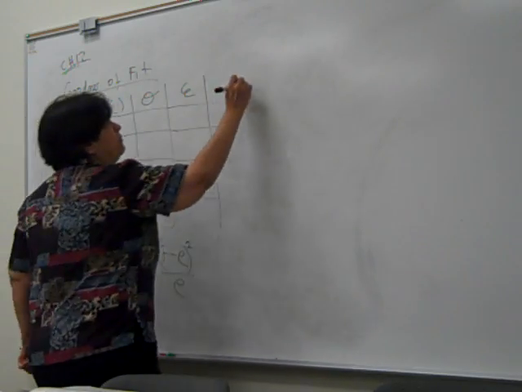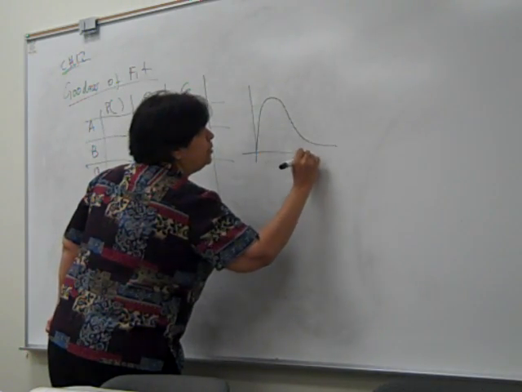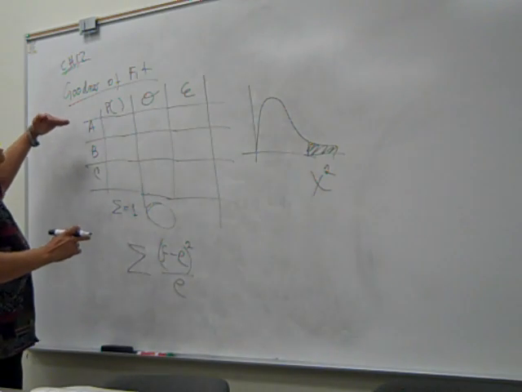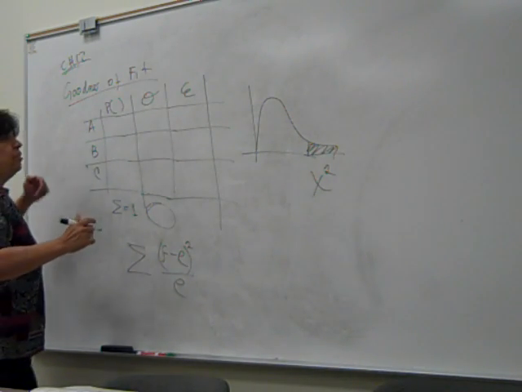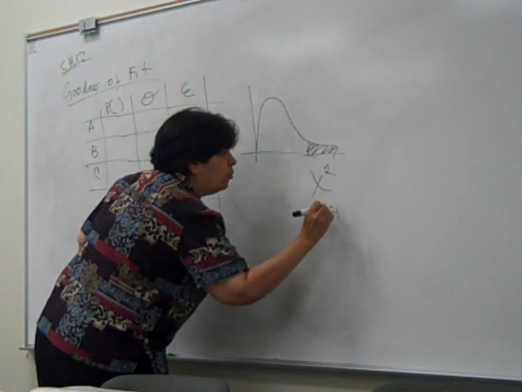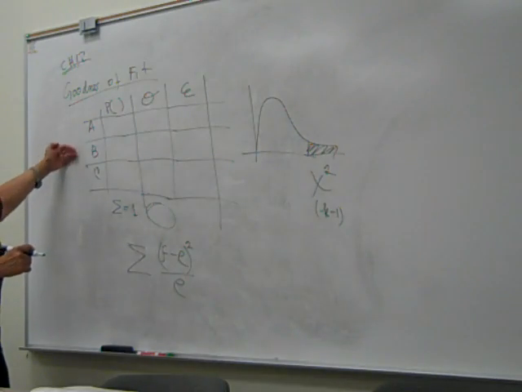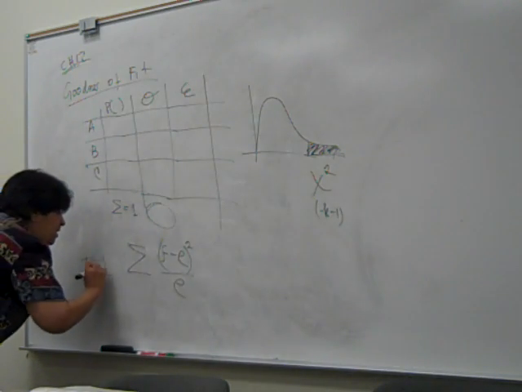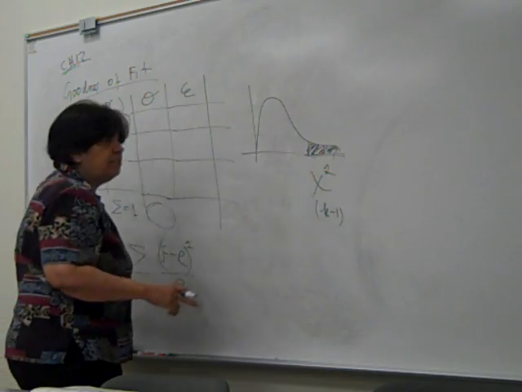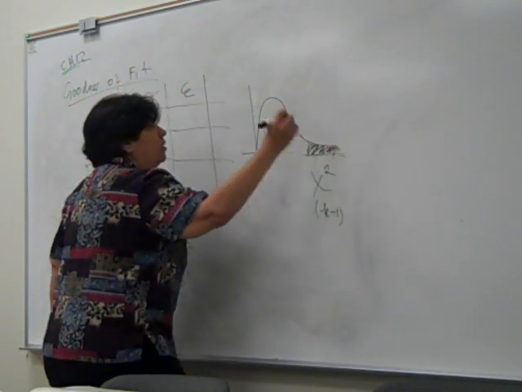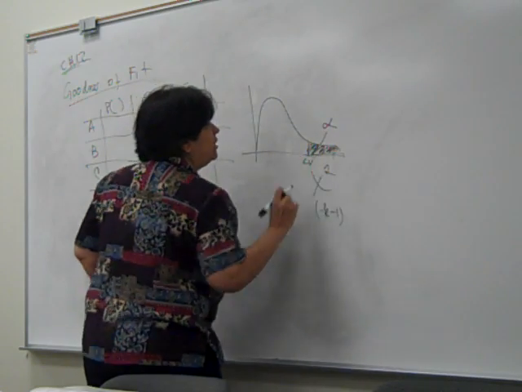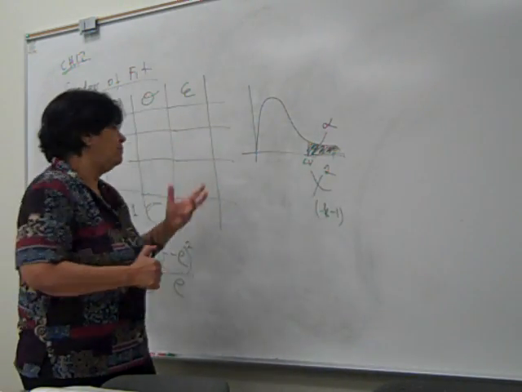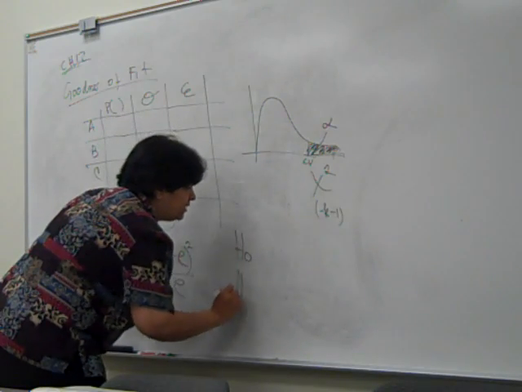Then we compare, and this is always an upper tail chi-squared test, with how many degrees of freedom? The number of categories k minus 1. This is the test value, and we compare it with the chi-squared critical value for alpha, such that if the test value is in the rejection zone, we reject the null hypothesis.